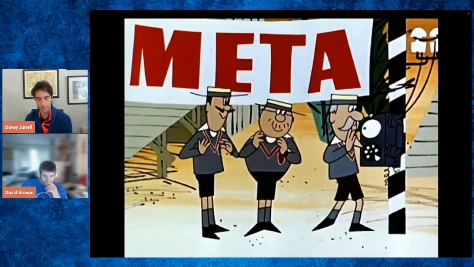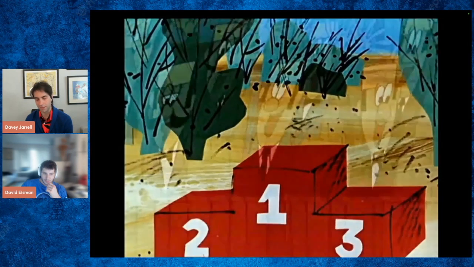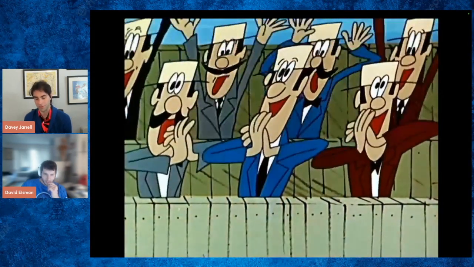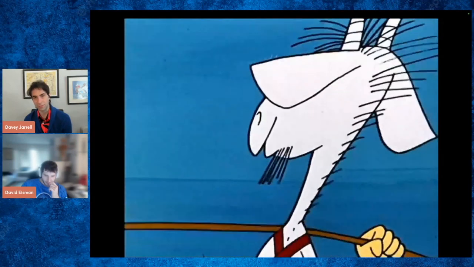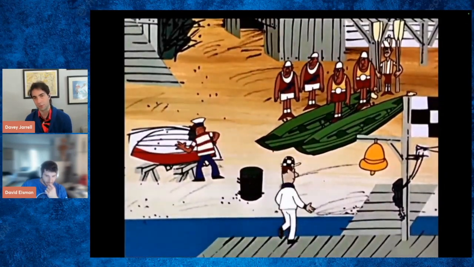It's produced in Poland from 1969 to 1970. So this is a goat who goes on a quest to find a town that makes shoes for goats. And his travels take him to the ends of the earth and throughout time, from the jungles of Africa to medieval Europe to the Wild West.